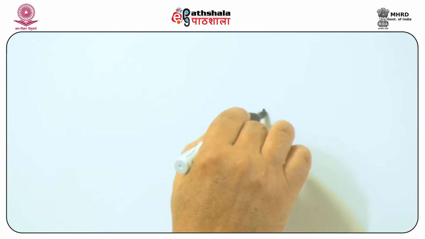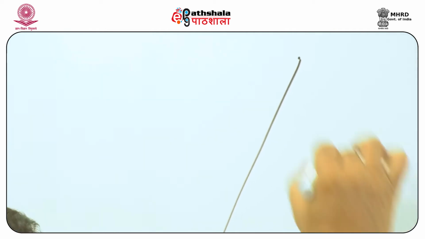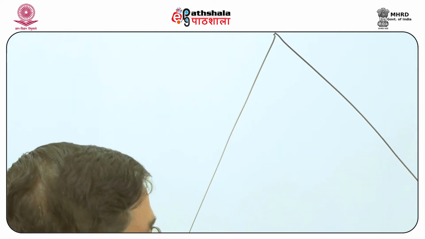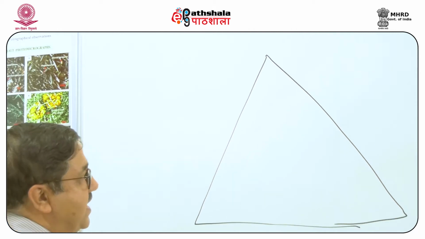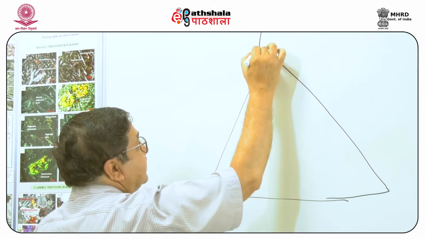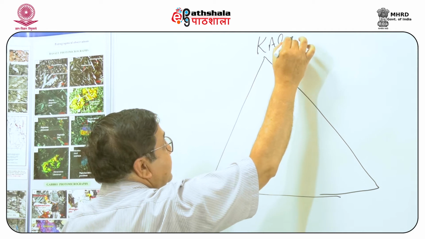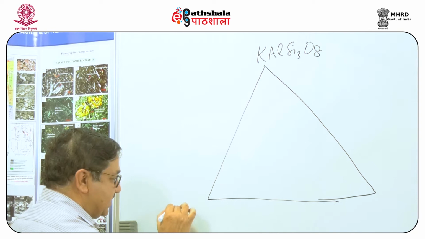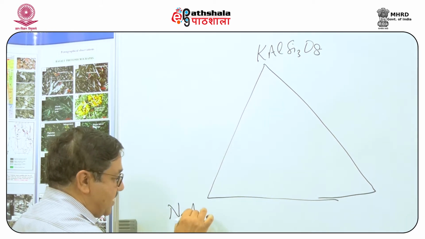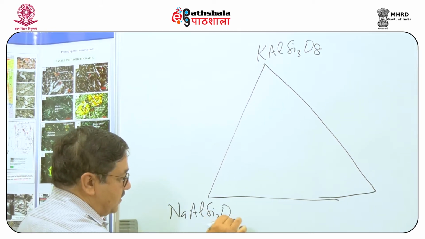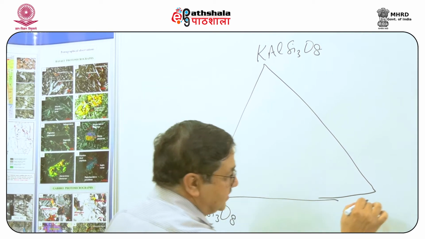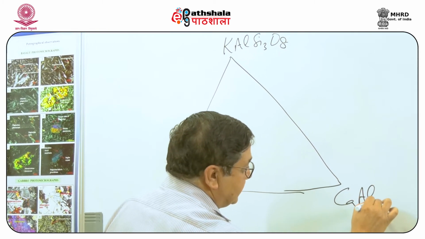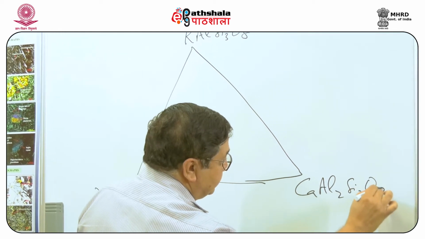For understanding different types of feldspar, let us look at a figure now. Since there are 3 main end members of feldspar series, we will look at a diagram where the apex is represented by potassium feldspar, one side is represented by the sodium feldspar, and the other side of the triangle is represented by the calcium feldspar.